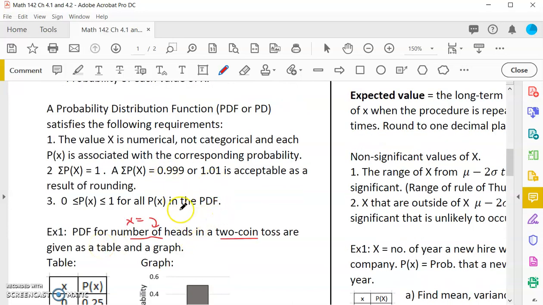So in order to check that it is a valid one, we make sure that X is numerical. Make sure that the sum of P of X equals 1.